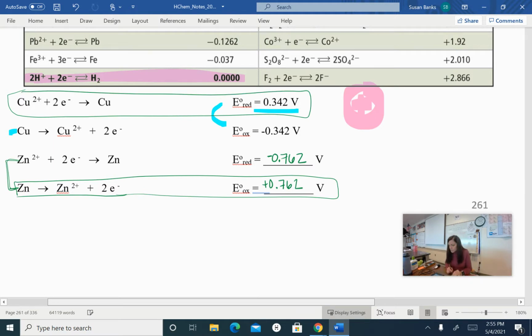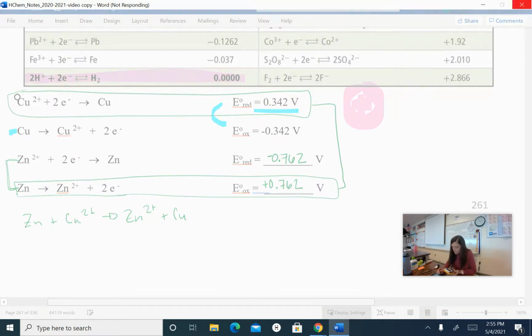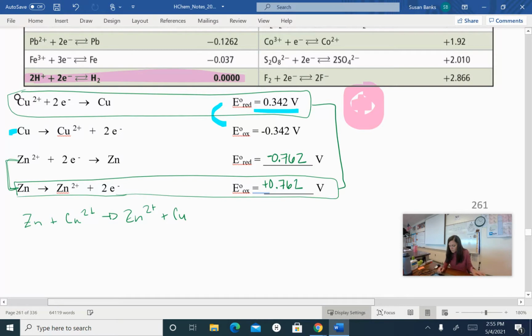So when we do a cell potential, we add these two up. Just like we added the reactions together to get zinc plus copper +2 to give us zinc +2 plus copper solid, we're going to add these two potentials up. So if I add positive 0.342 plus positive 0.762, I get a voltage of 1.104 volts.